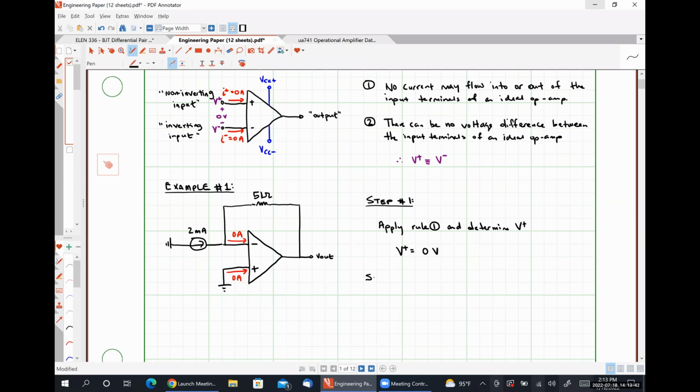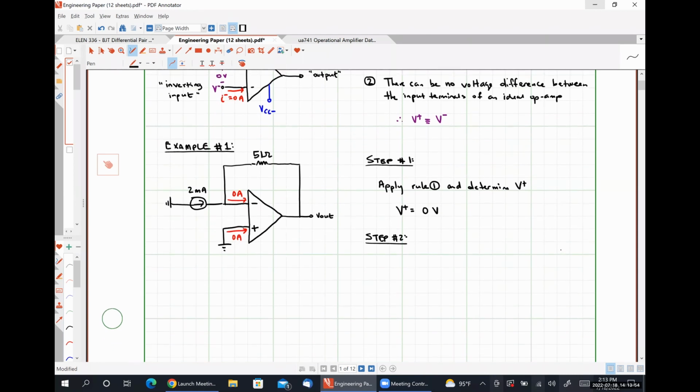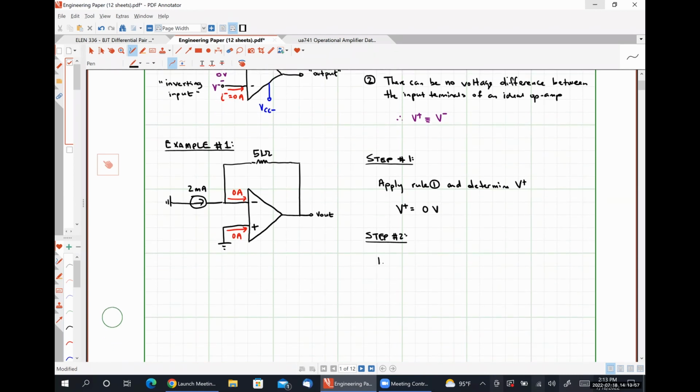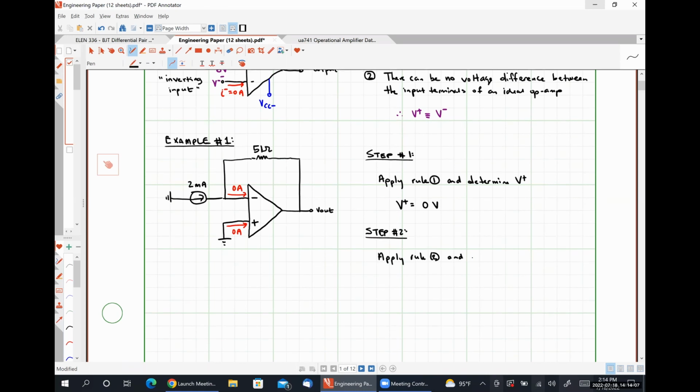Step number 2 is to apply rule number 2 and perform Kirchhoff's current law at the inverting input node.